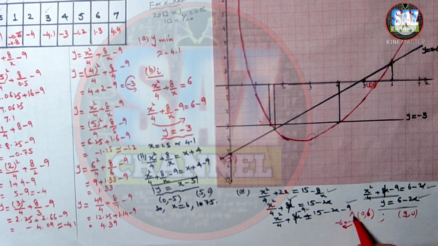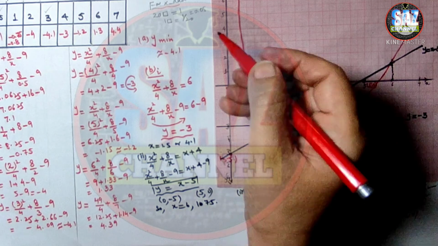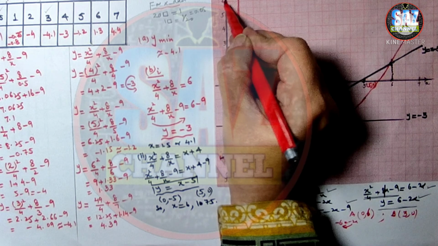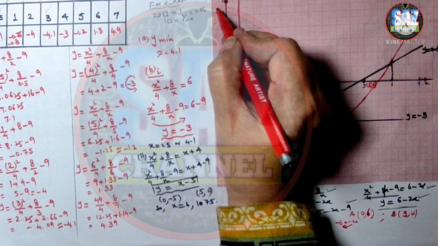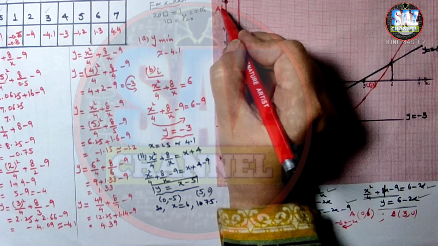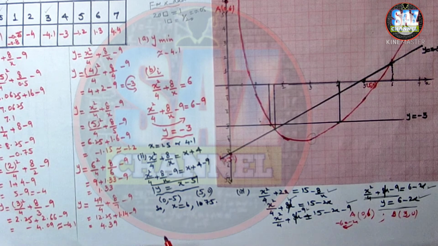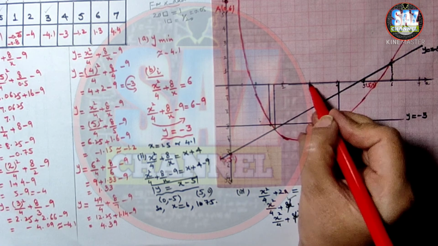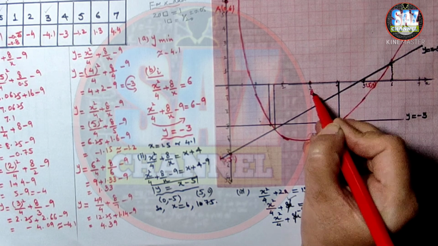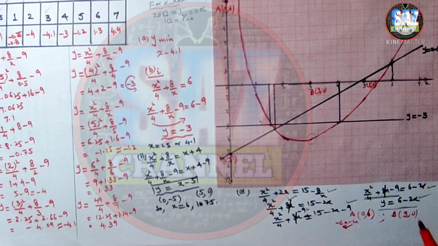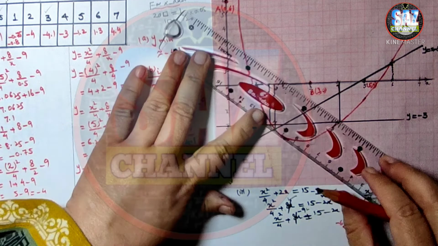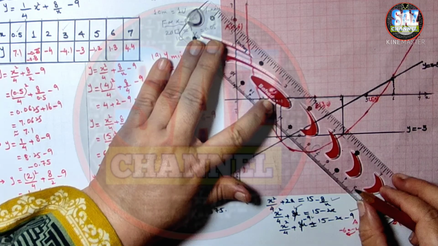These are the 2 points that I'm marking for the second line. So A is (0, 6), and B is (3, 0). First of all let me draw the line with the help of a pencil, and then I'll make my line perfect.